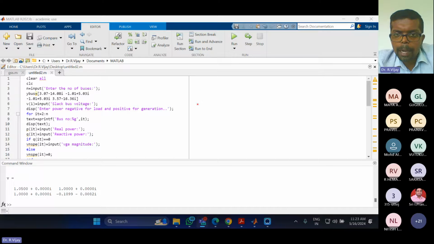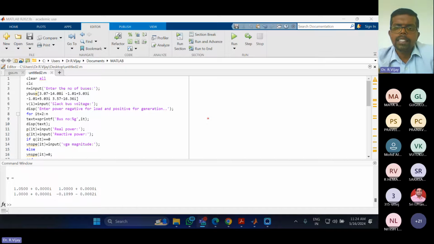Say, for example, this is the sending end bus, 1 plus j0. It is traveling some distance, say 200 kilometers. You take any distance, 200 kilometers, like that. So here you are giving the bus voltage as 1 plus j0.